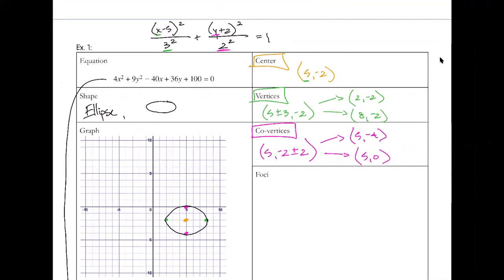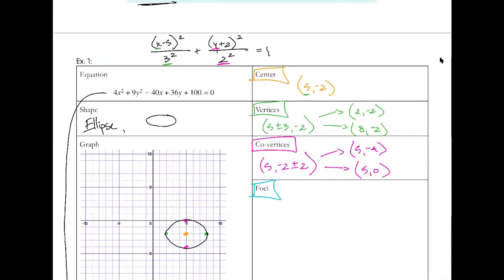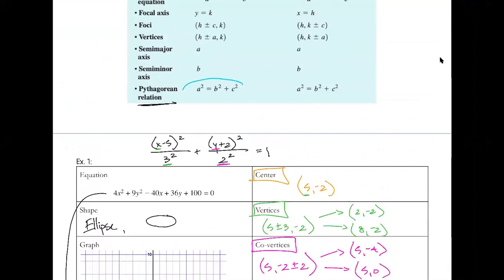So to find our foci, what we're going to do is we're going to use that Pythagorean relation, okay? Which is a squared equals b squared plus c squared. But c is the letter that talks about the distance from the center to the foci.